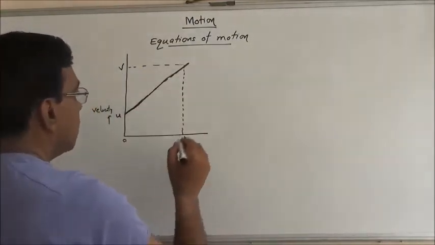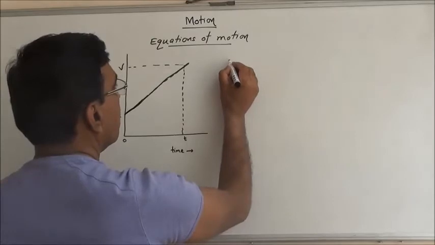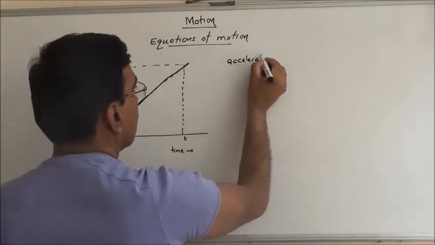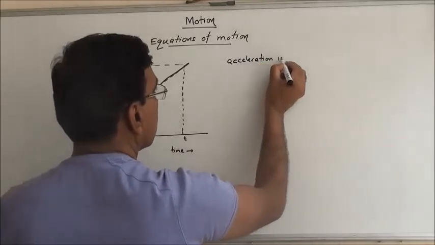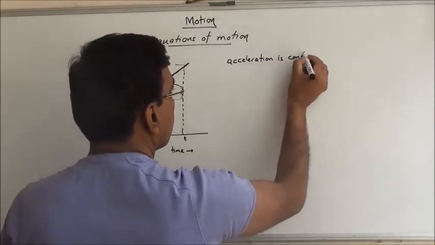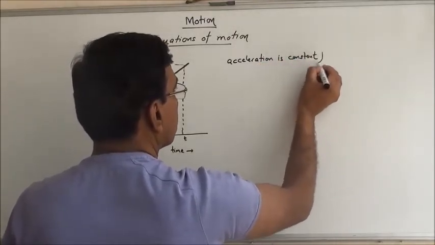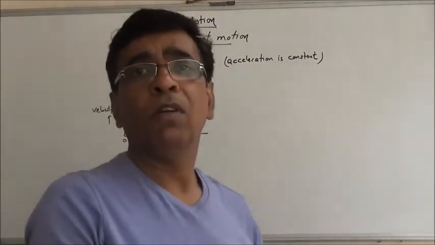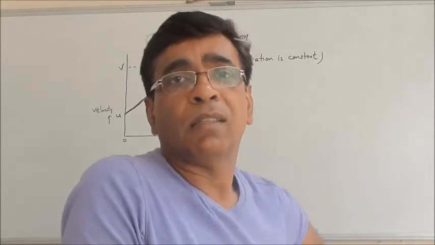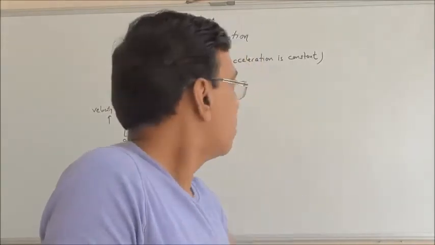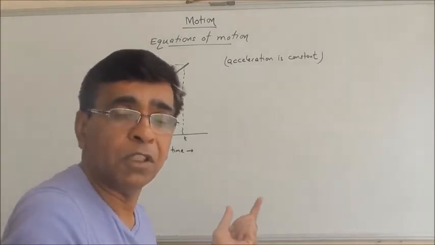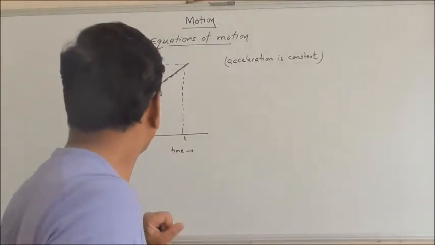I have taken this straight line with constant slope, which means acceleration is constant. So all these equations will be valid for constant acceleration. If the acceleration is varying, then these equations will not be valid.